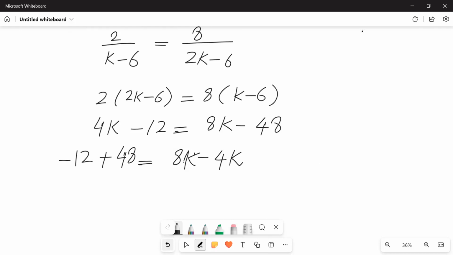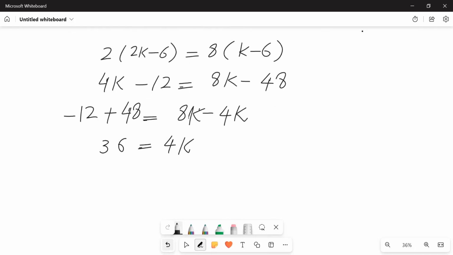Then 48 minus 12 is 36, and this will be 4k. Now divide on both sides by 4, so its value is 9. K value is 9. We have to find this value. Yes, it's correct.